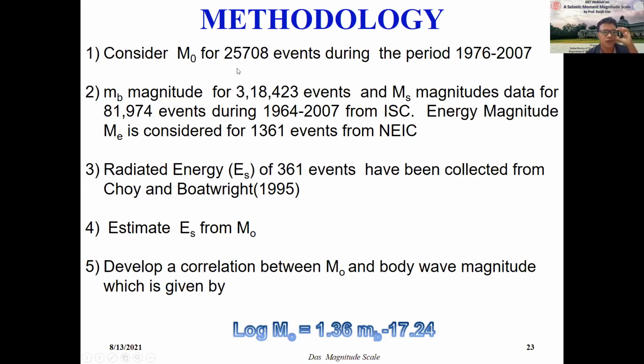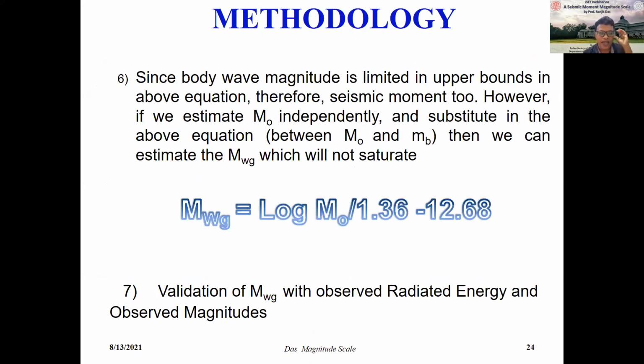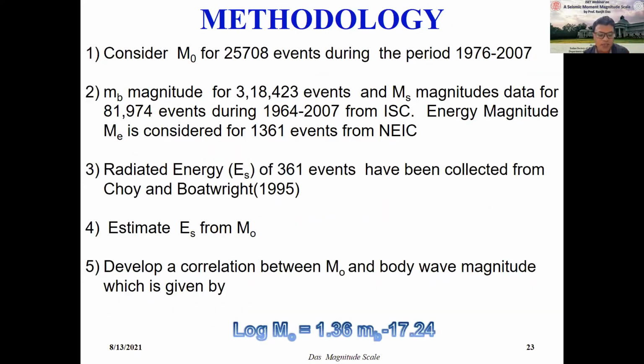So whatever magnitudes we collected from the ISC, suppose body wave magnitudes, and correlate with the seismic moment of the GCMT, we found a relationship like this, where we are considering the saturation up to 7. So this is the equation: log of M0 equals 1.36 MB minus 17.24. So now MB has a limit. If a bigger earthquake comes, more than 7, it will not give correct results.